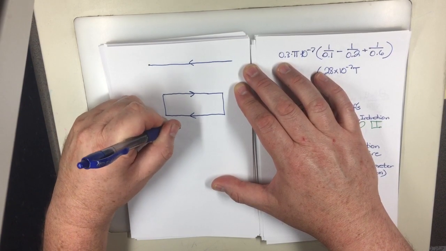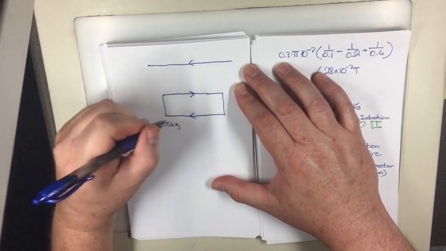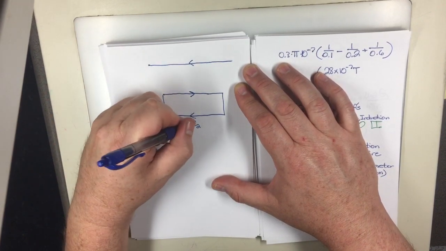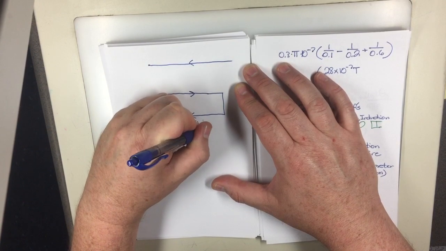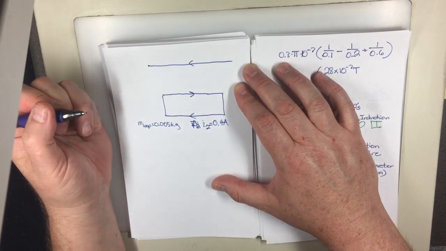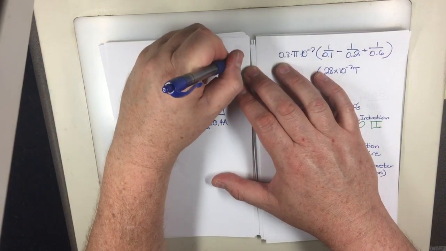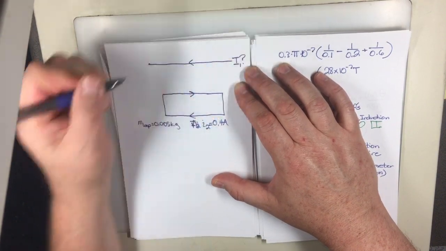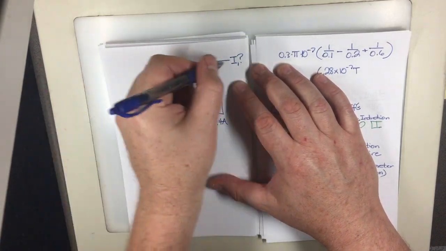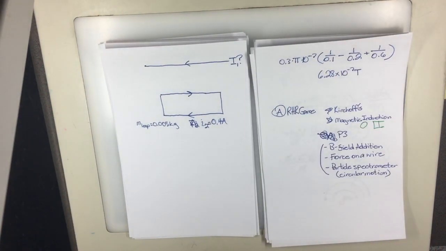The mass of this loop is 0.005 kilograms. The current passing through the loop is, I'm going to write it lowercase since I typically write it lowercase, 0.4 amps. What I want to know is the value of the upper current such that, now this wire here is fixed.